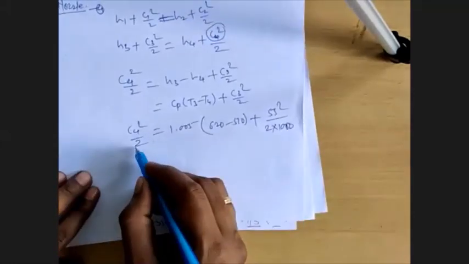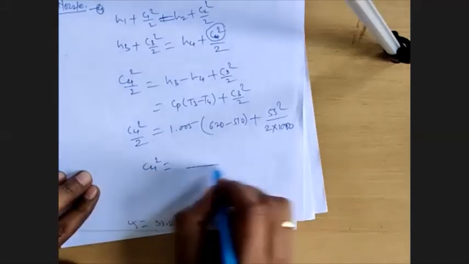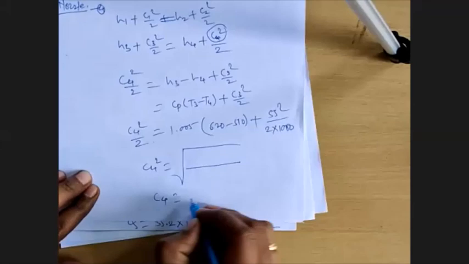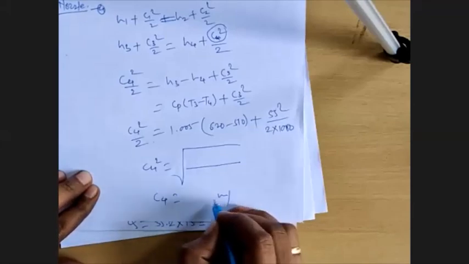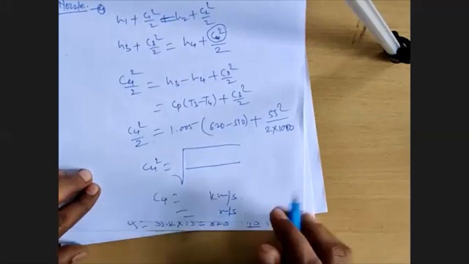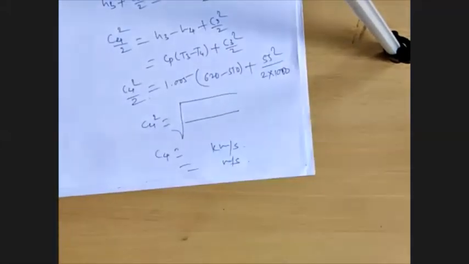So shift this 2 to the right, you will get C4 square is equal to something. Take square root of this one and find C4, that is going to be kilometer per second, and finally convert that into meter per second. So tell me the answer. We have got only 1 minute left. So solve this one by yourself.